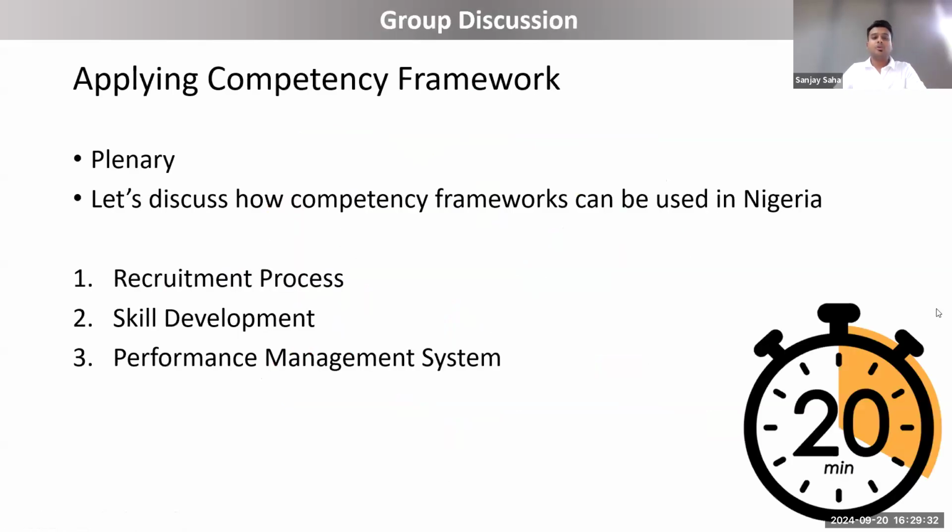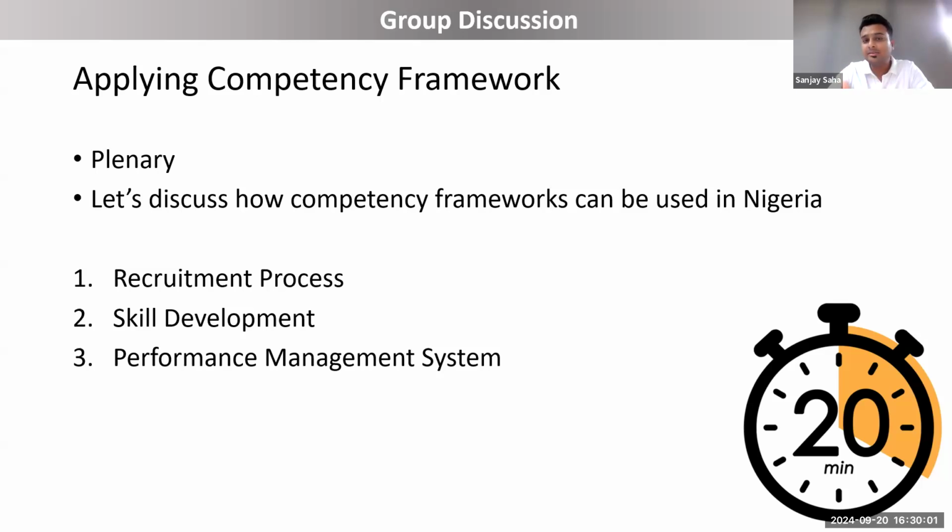Okay. So if there are no questions, let's do this activity very quickly. And we will do this in plenary because we don't have many people. I have mentioned 3 points here, and I want to ask all of you as to how do you think a competency framework can be used in Nigeria? Think from the perspective of recruitment, skill development, and performance management system.